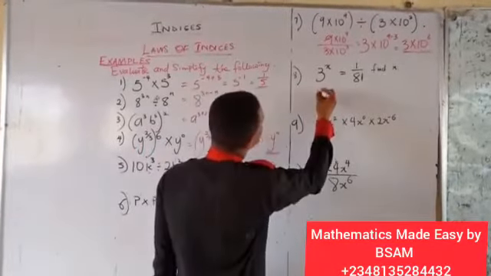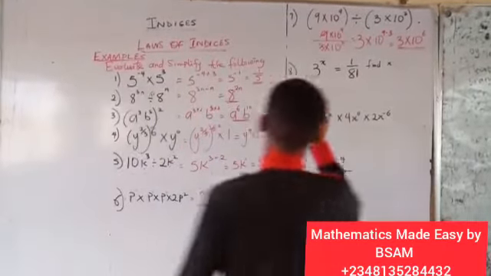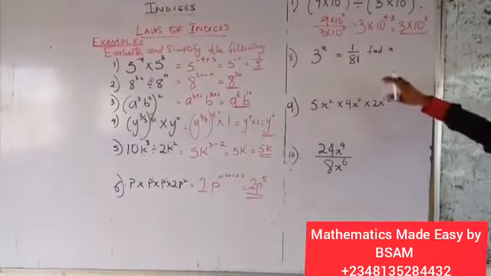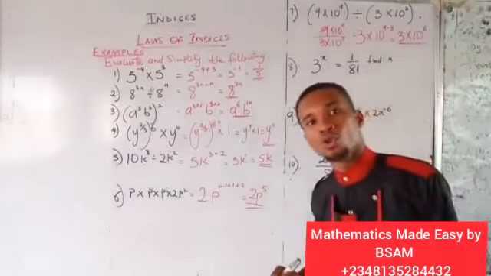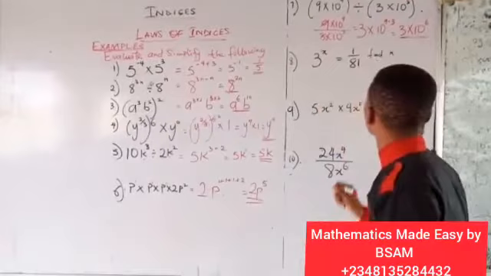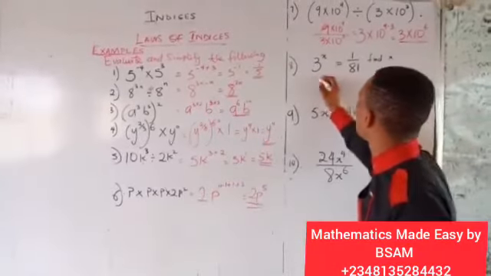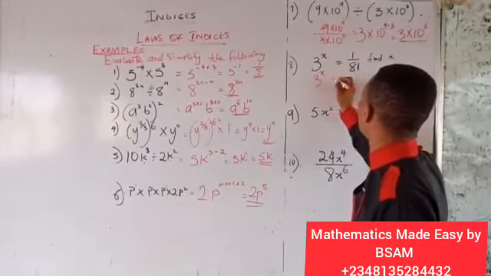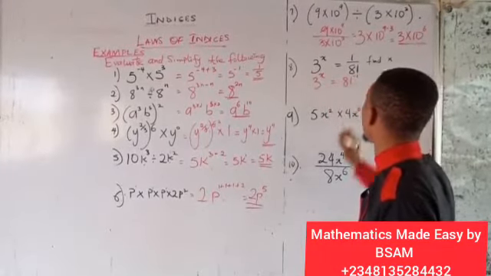Now here we are asked to find the value of x. Now, looking for the value of x here, we need to simplify this from the rule given to you. Now, you're going to apply the negative index law here, which means I'm going to have 3x raised to the power of 81 raised to the power of minus 1.